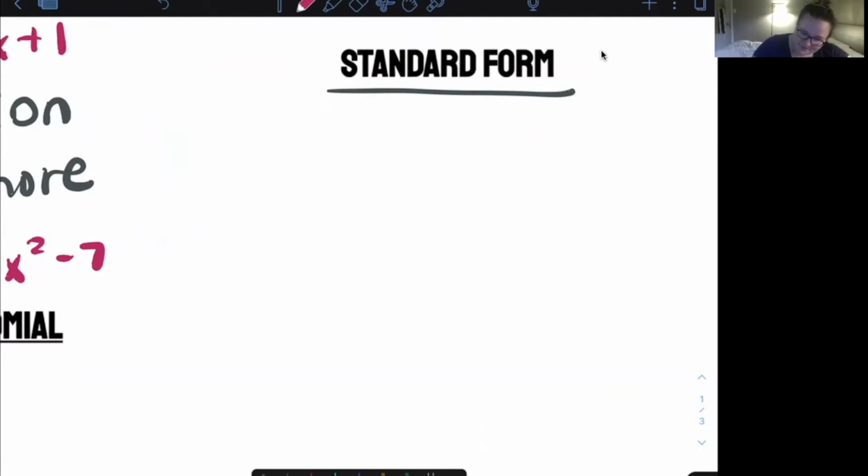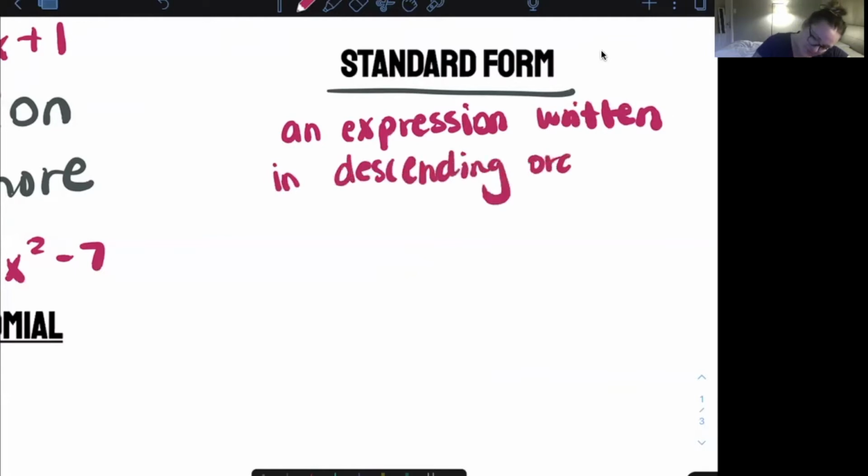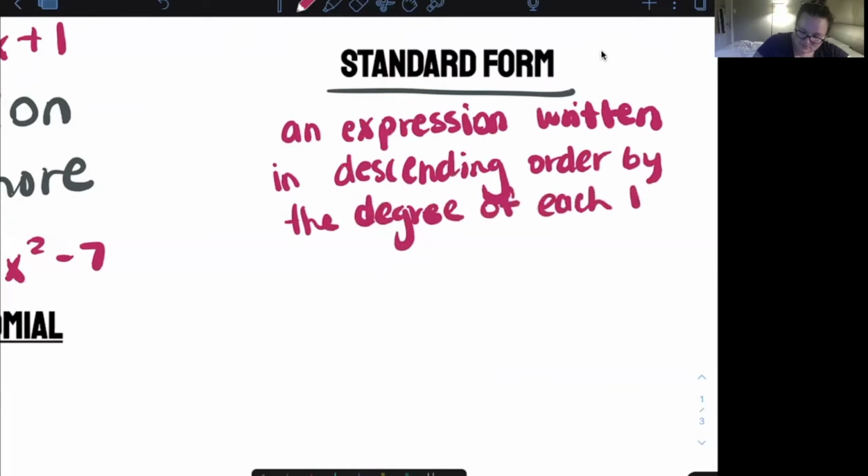So standard form is an expression written in descending order by the degree of each term. What I'm talking about is when we do like 3x squared plus 2x plus 1.